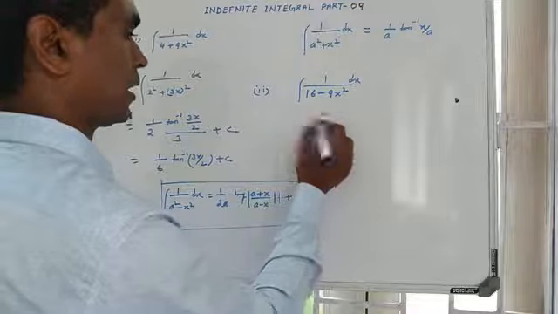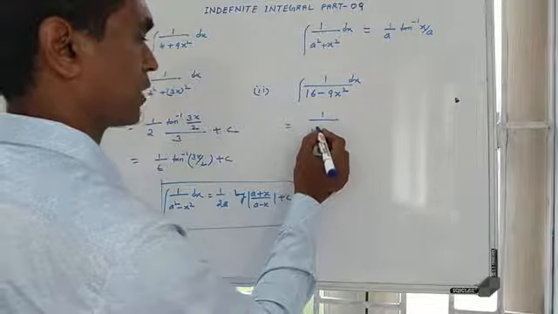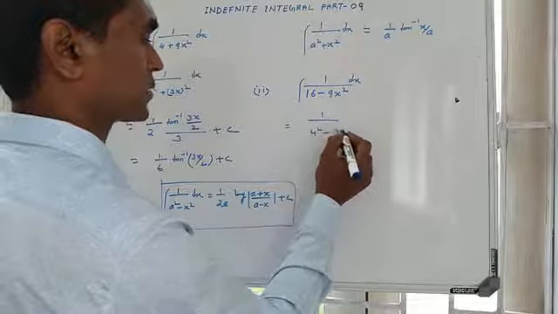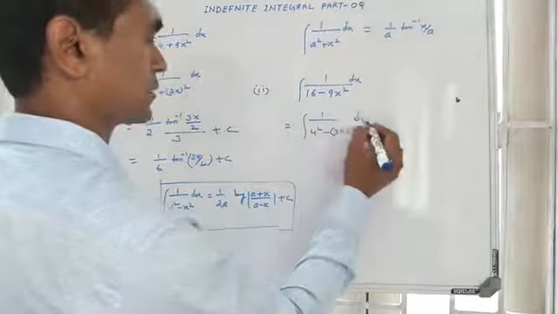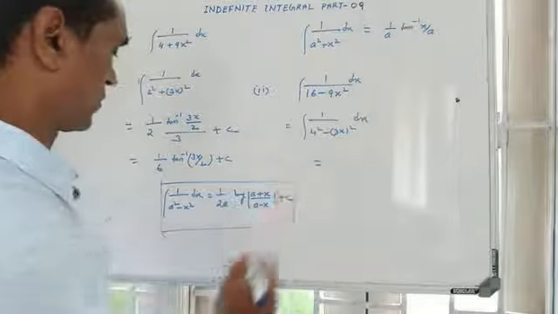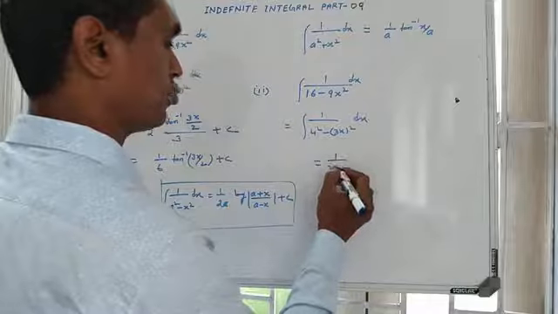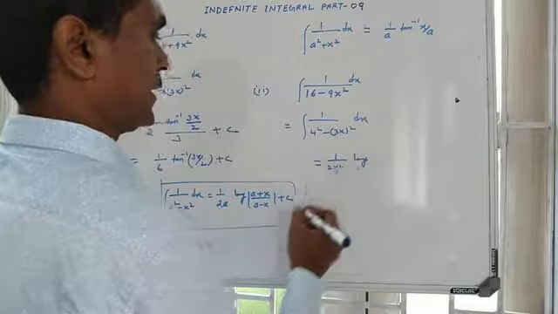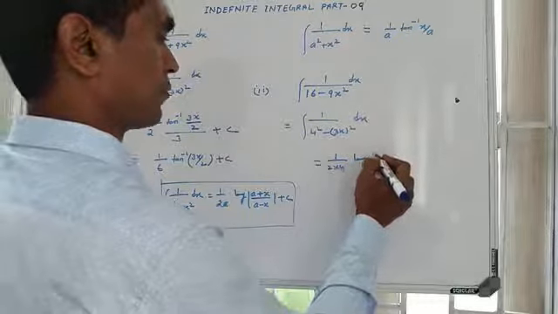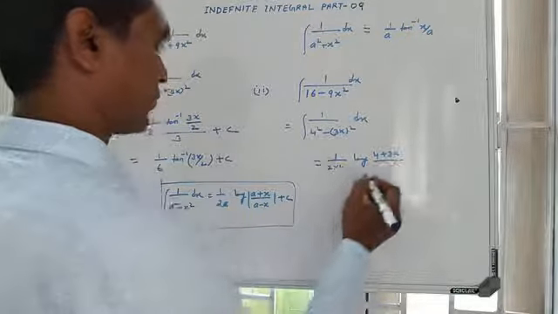So first of all you change this into standard form, 1 by 4 square minus 3x whole square dx. So a square minus x square, 1 by 2a, 1 by 2 into 4, log of a plus x, 4 plus 3x, by 4 minus 3x.